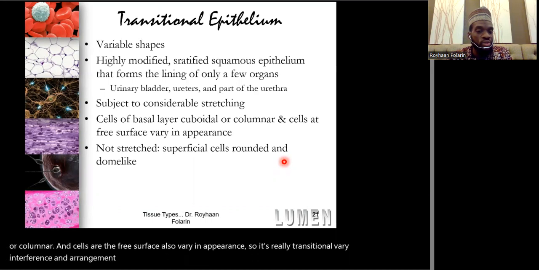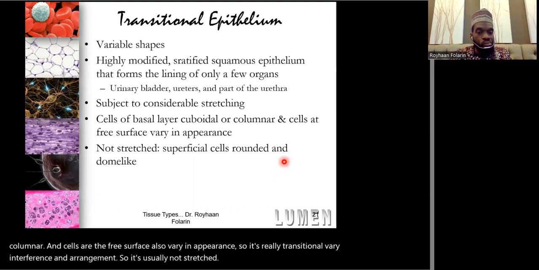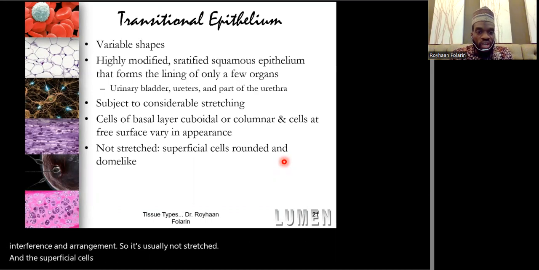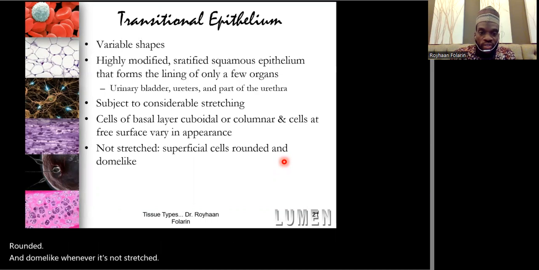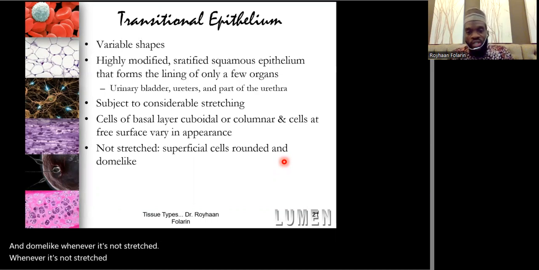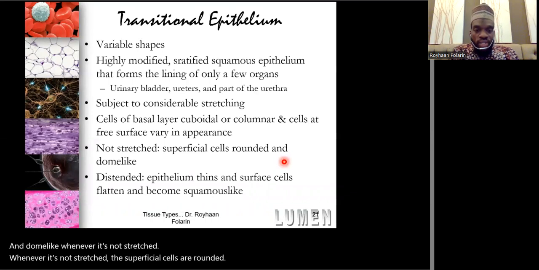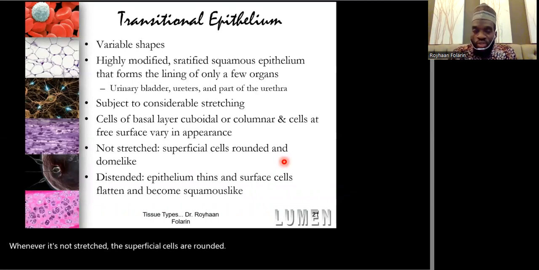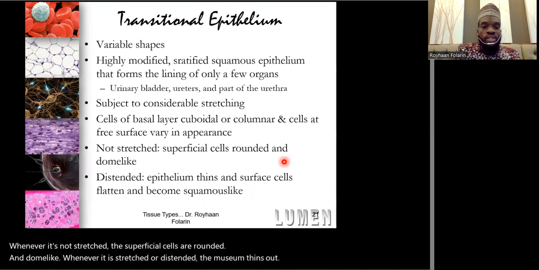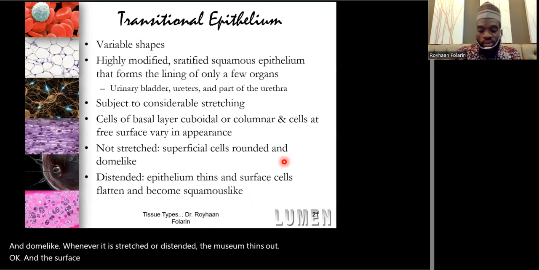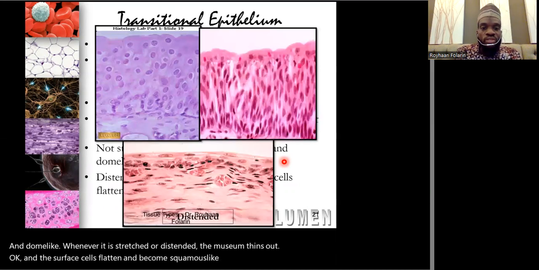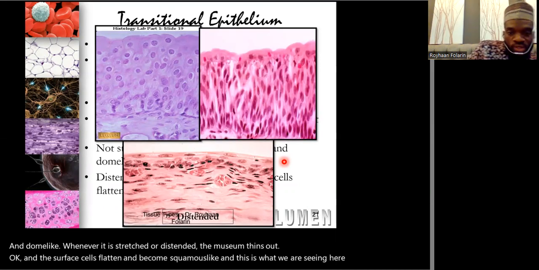It's usually not stretched, and the superficial cells are rounded and dome-like whenever it's not stretched. Whenever it is stretched or distended, the epithelium thins out, and the surface cells flatten and become squamous-like. And this is what we are seeing here in this urinary tract.